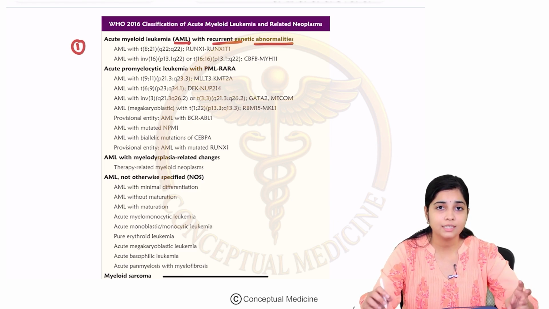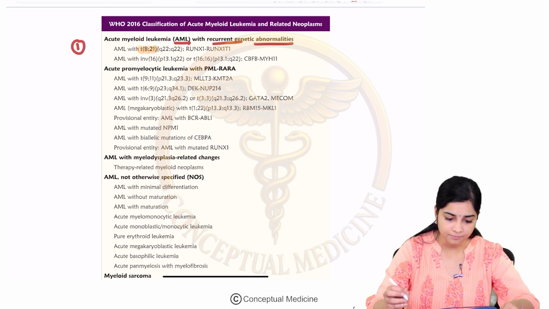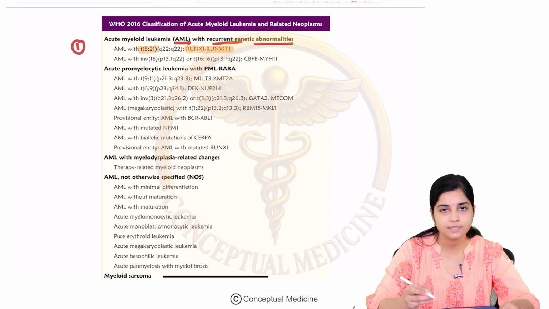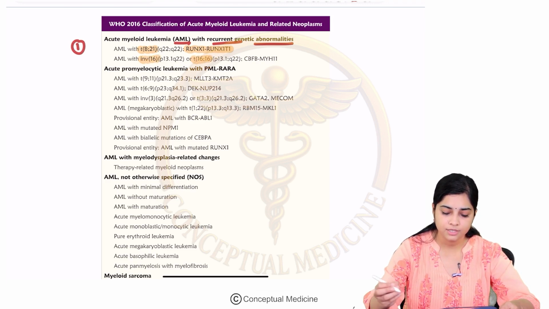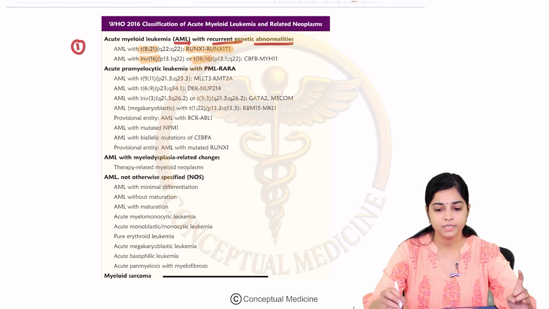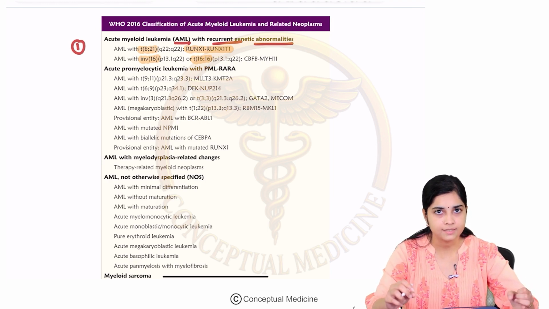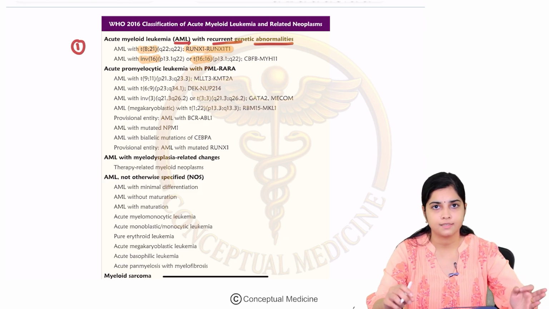What are the 3 recurrent genetic abnormalities that you definitely have to remember? Remember translocation 8;21, which is the RUNX1-RUNX1T1 translocation, then AML with inversion 16 and AML with translocation 16;16. So these are the 3 important abnormalities you have to remember as AML with recurrent genetic abnormalities: translocation 8;21, inversion 16 and translocation 16;16.